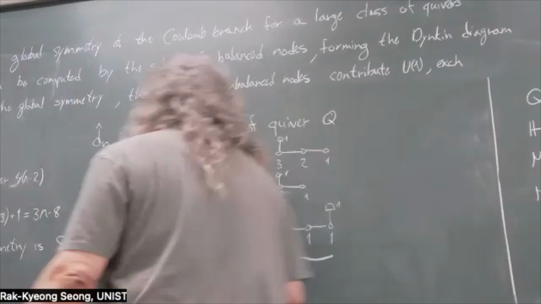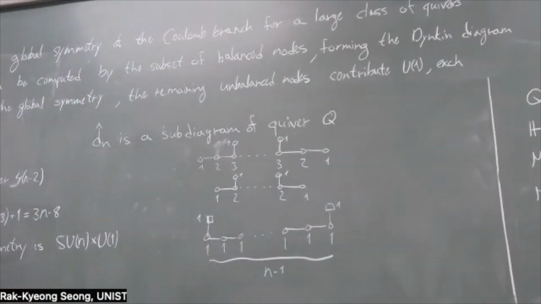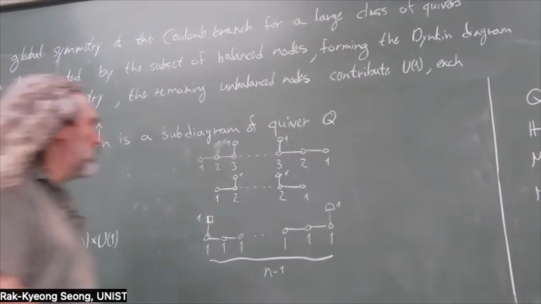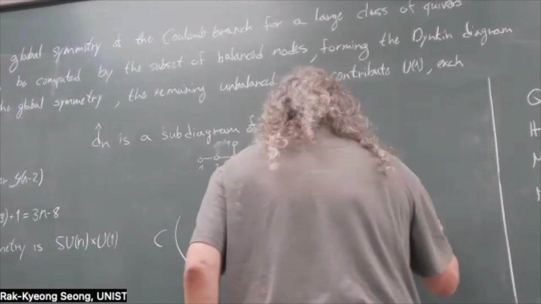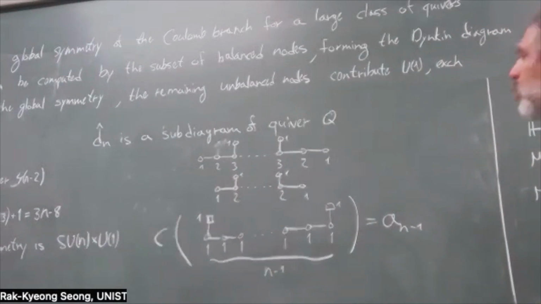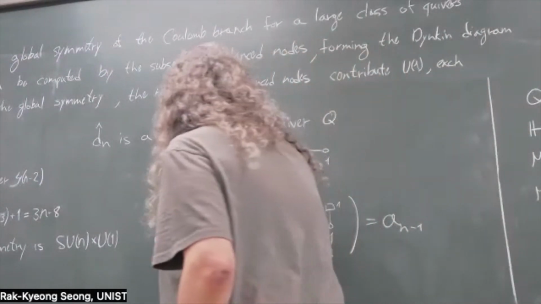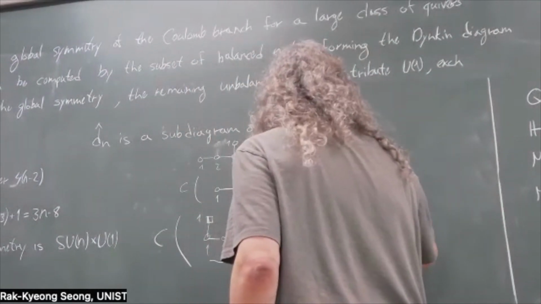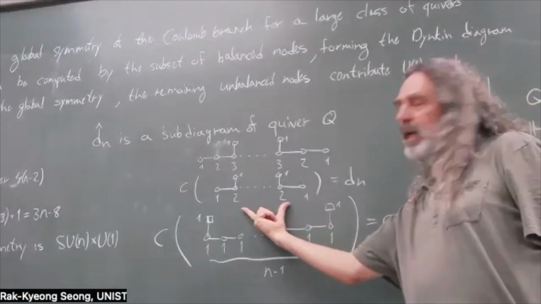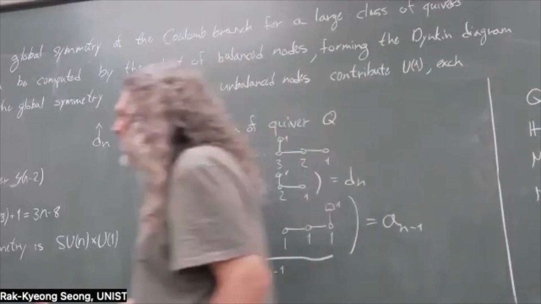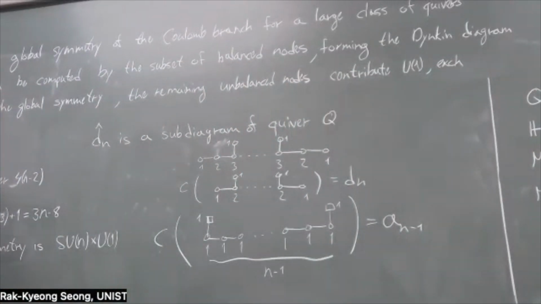This one is a quiver we already saw. It's this quiver, and here there are n of them, here there are n-1, so the Coulomb branch of this quiver is A_{n-1}. And the Coulomb branch of this quiver is D_n, because I have n-3 here, which we wrote over here.